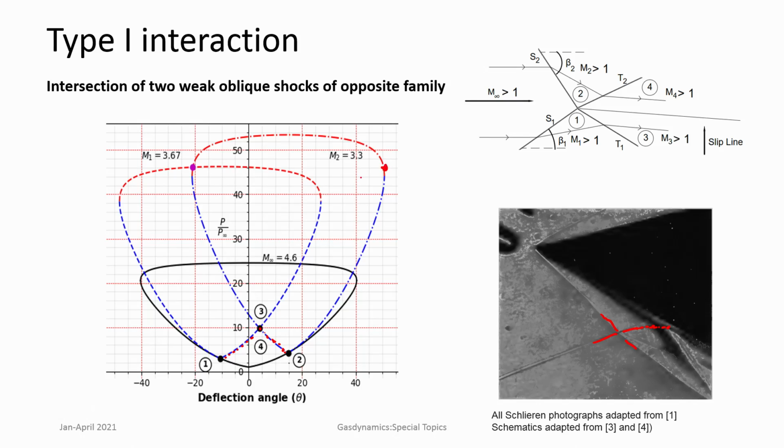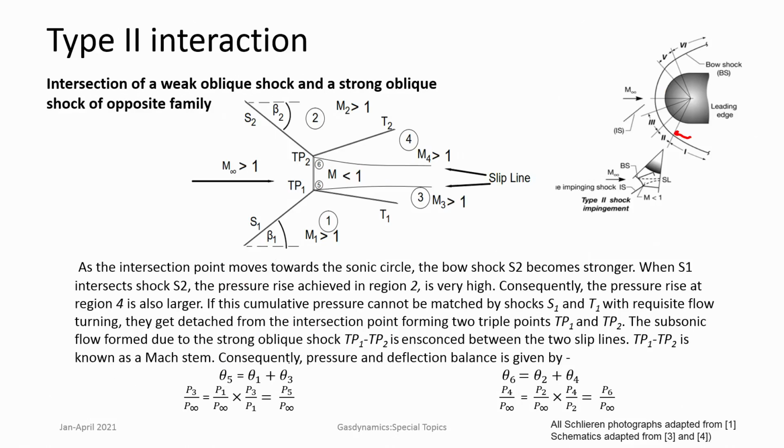So, if the flow deflection required by the shocks when they interact is not possible to produce, then we get a Mach stem instead here. This is very much similar to Mach reflection that we discussed in case of reflection of shock waves, and here you find that there are two triple points.